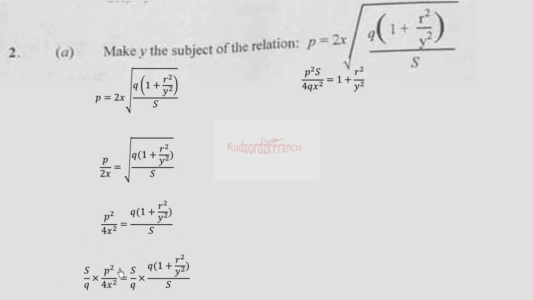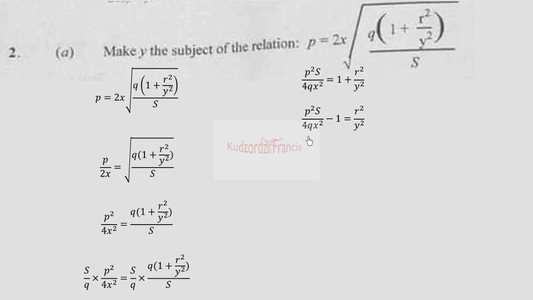If you multiply this and this, you get p squared s, and this will give you 4qx squared is equal to 1 plus r squared over y squared. Let's subtract 1 from both sides. So we are getting something here. Let us simplify the left hand side.